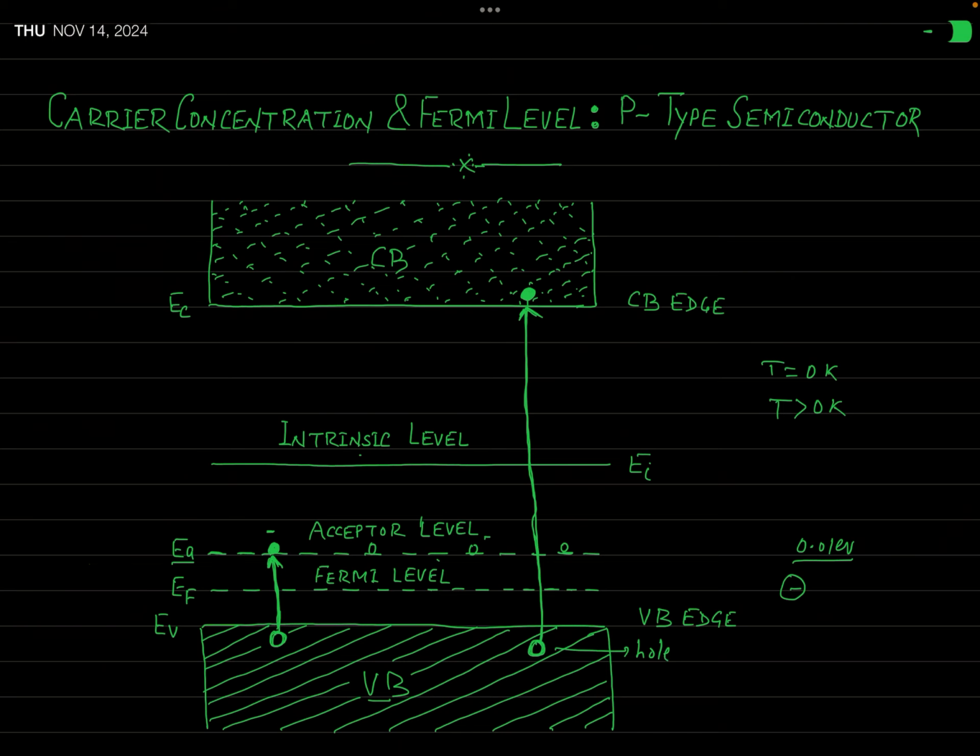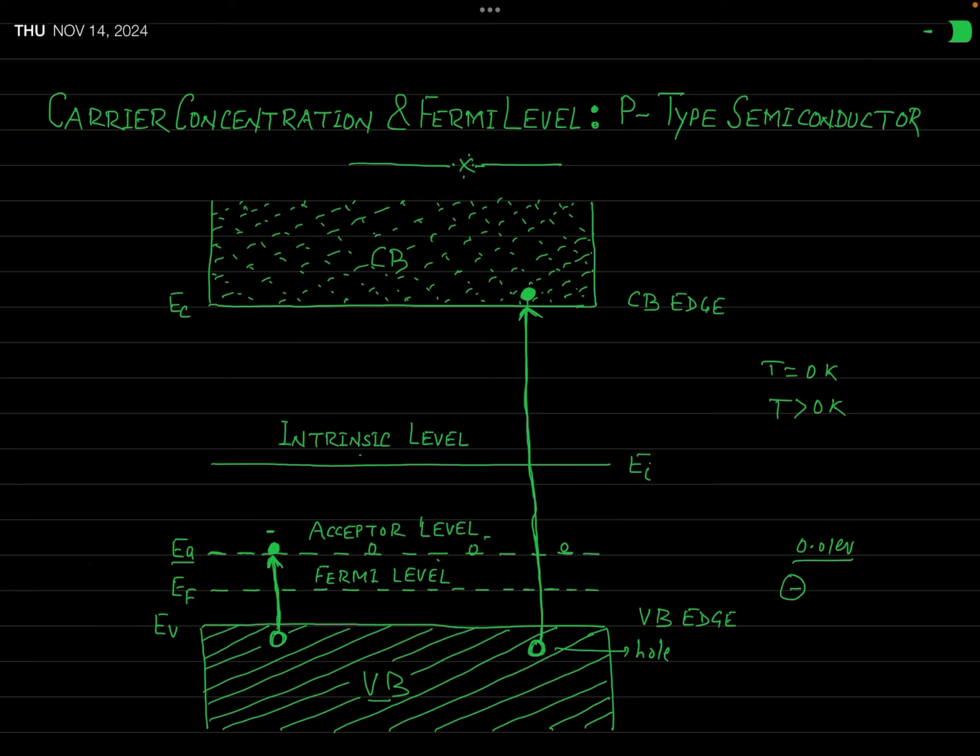So you can see, although only one electron, according to this figure, moves to the conduction band, another electron moves to the acceptor level. So according to this figure, there are two holes in the valence band, but only one electron in the conduction band.